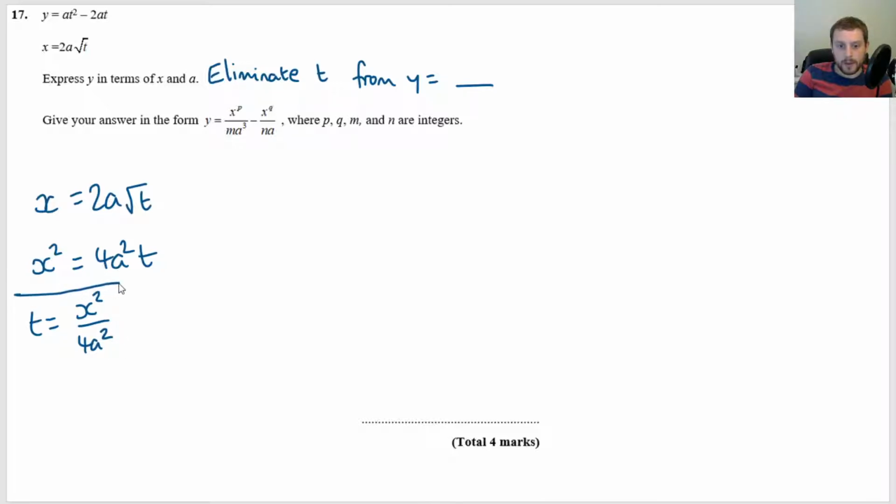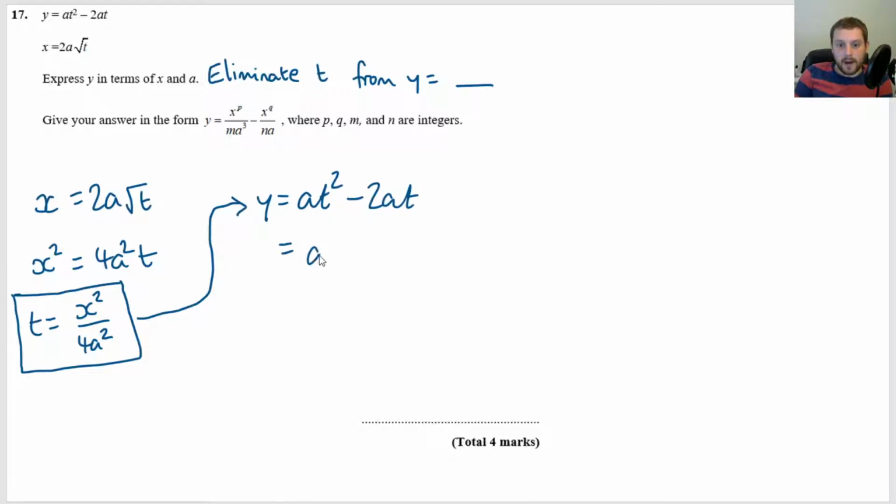That's super important, because once we've got this, we're just going to substitute that into the Y equation. So instead of AT squared minus 2AT, you've now got A, and then we've got what? X squared over 4A squared getting squared, minus 2A lots of X squared over 4A squared.